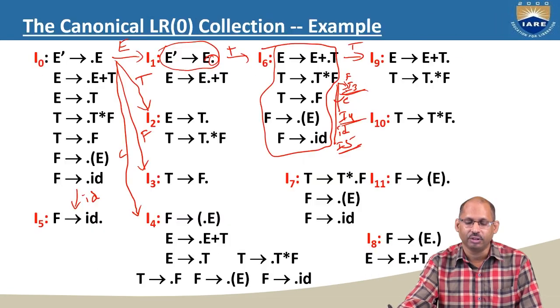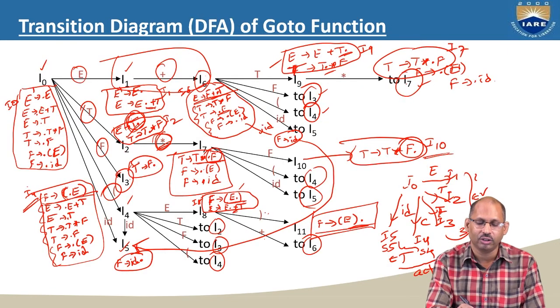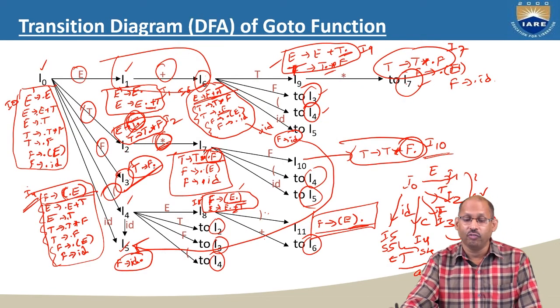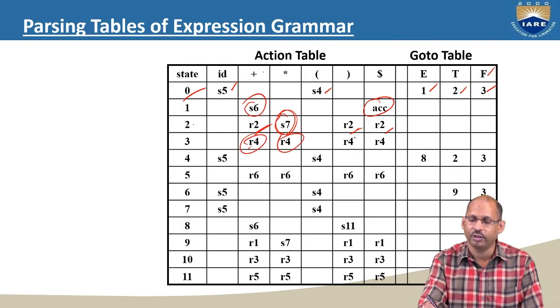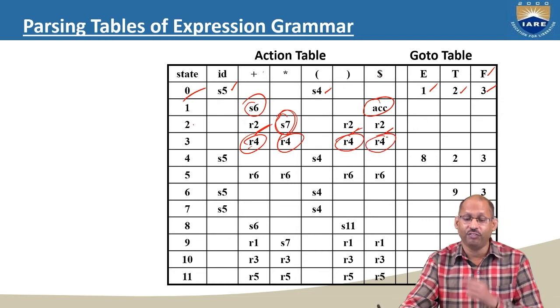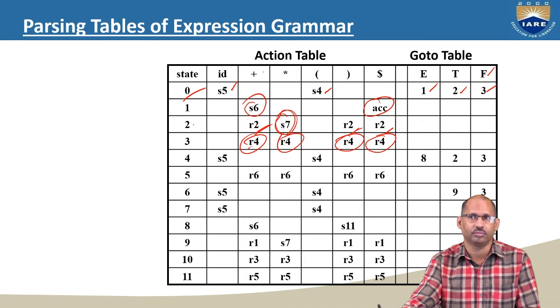Next I3. What is I3? Dot at the end. What is the follow of T? In the follow of T, we write R4. Then I4.